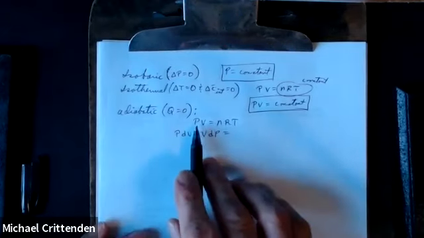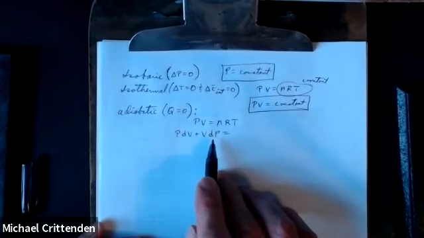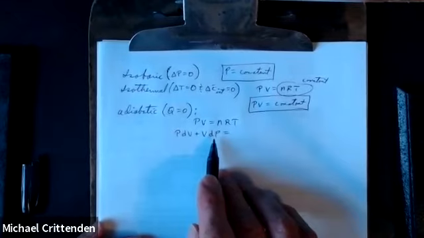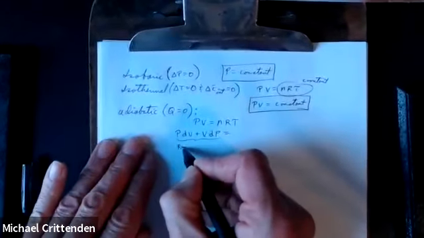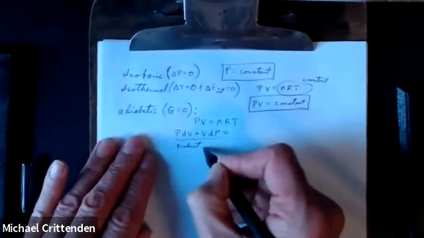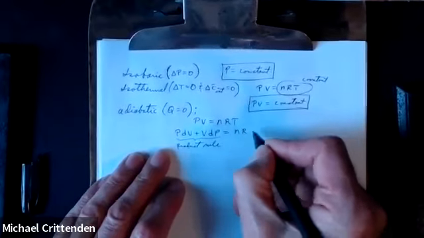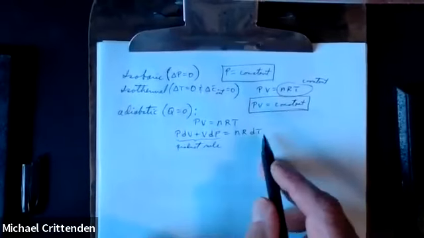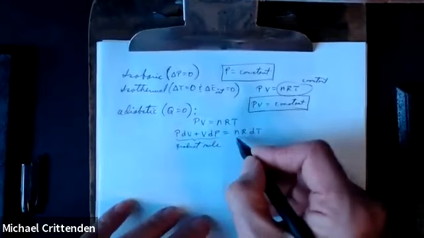So, product rule. First times the differential of the second plus the second times the differential of the first. Maybe I'll even write that down. N and R are constants, so over here you just got nR times dT.